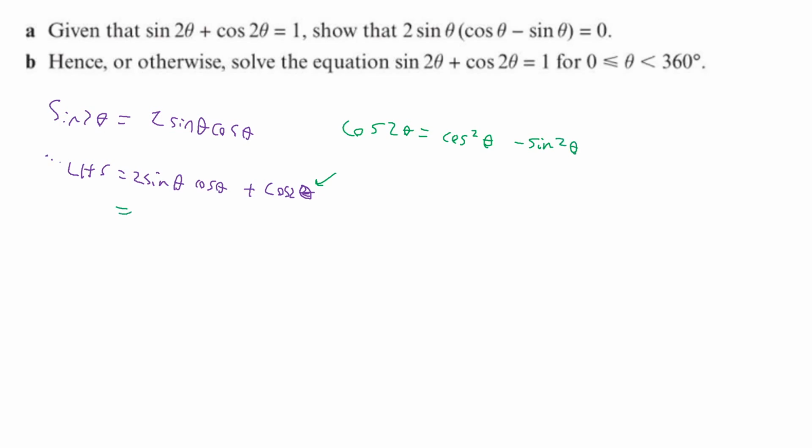So therefore the left-hand side just looks like 2 sine theta cos theta plus cos squared theta minus sine squared theta. Okay? We also know that this is equal to 1, right? So how can we rearrange this 1? Exactly. 1 is equal to cos squared x plus sine squared x. Okay?